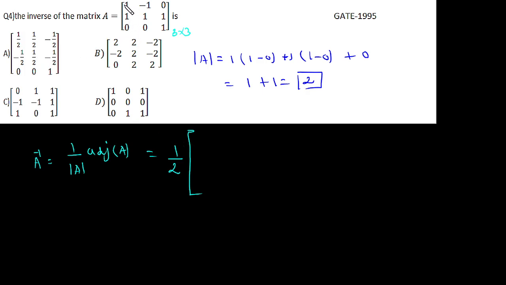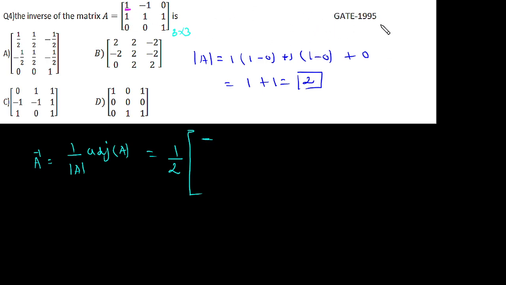So first of all, let's find the element of the adjoint at this element. So for finding this element in the adjoint, what we have to do, we have to take the minors of this one. So how to find, let's write it here. We are finding the minors of this element.